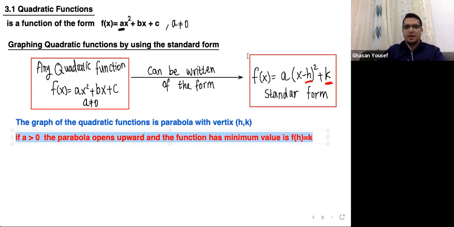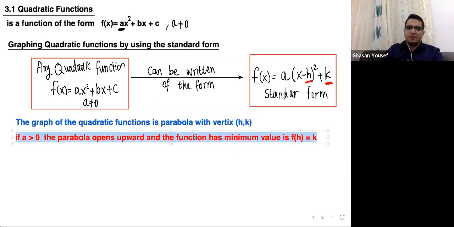Again, if this a is a positive number, then the parabola opens upward, like a cup opening up, and at the same time it has a minimum value, f of h equals k.